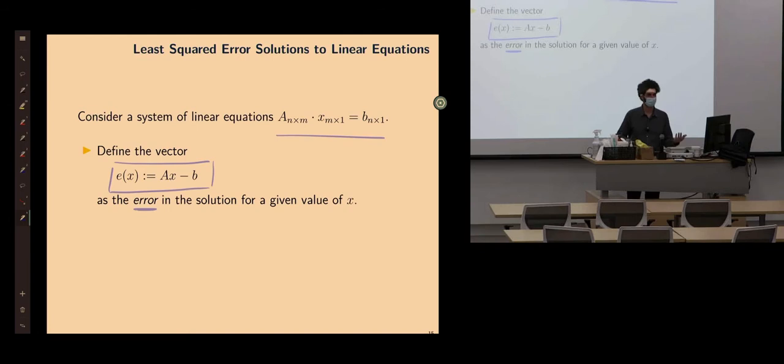And the left-hand side, A times x, is in fact our model. It's our hypothesis. It's our imagination of the problem or world. And we would like these two to be close to each other, our model to be close to what we observe in the real world. And perfection doesn't exist in real problems. So we settle for minimizing the error.